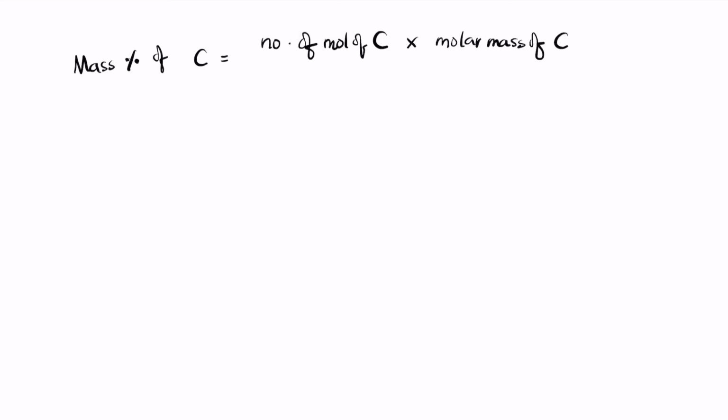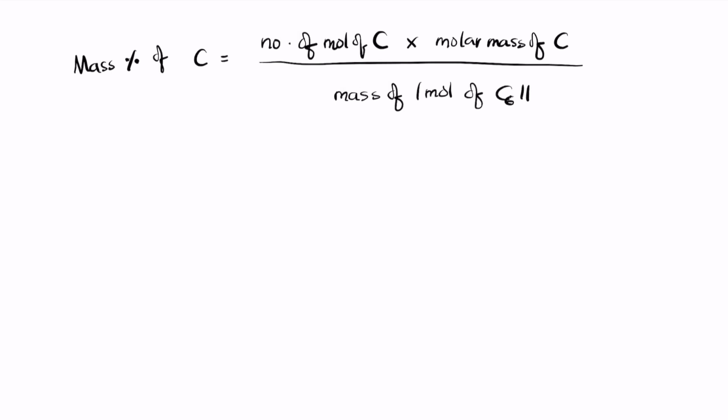Let's start with the mass percent of carbon. That becomes the number of moles of carbon times the molar mass of carbon over the mass of 1 mole of C6H12O6.